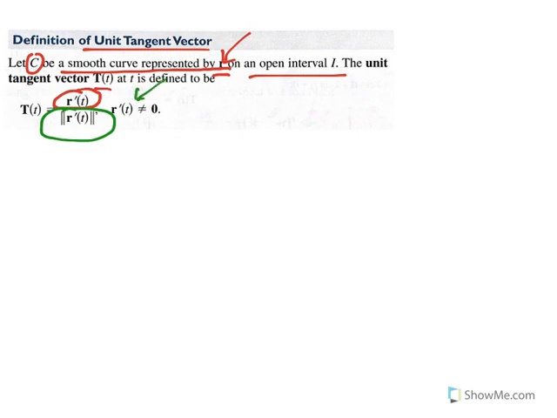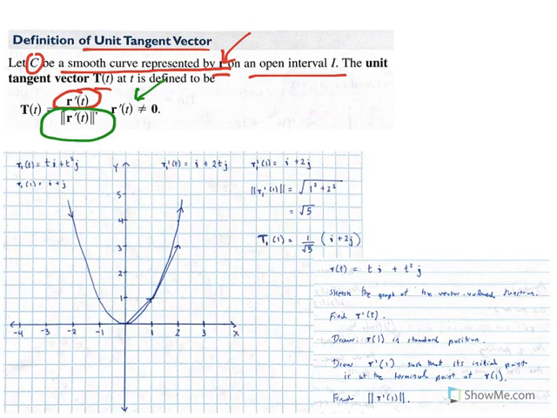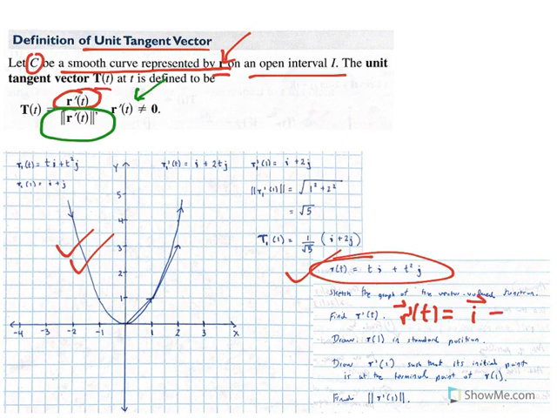Let's go back to our activity. Just to remind you, this was the vector-valued function from our activity. We graphed it, and then we sketched the vector-valued function r of t, which is the parabola that you see there. We found r prime of t, which is of course easy to find: 1i plus 2tj.